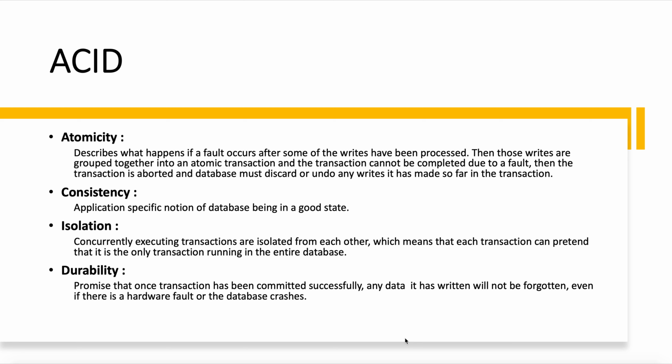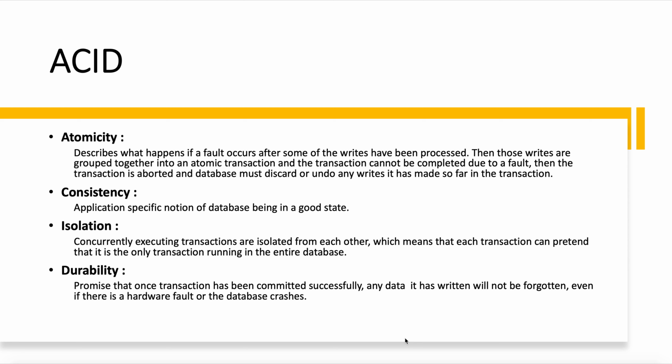Let us now understand what consistency is. Consistency is like maintaining the good state of a database. We have certain statements which are invariants, or you can consider them constraints that must always hold true. For example, in an accounting system, the credits across all the accounts must balance with the debits across all the accounts.